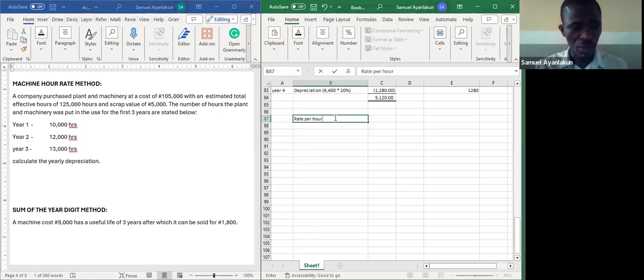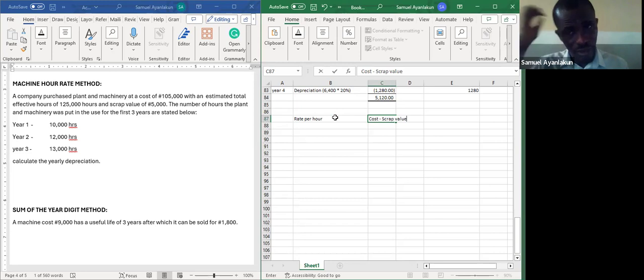So what would the rate per hour be? You just have a formula: the cost minus the scrap value, because it was sold after everything. You have to minus the scrap value, then divide by the estimated useful hours.